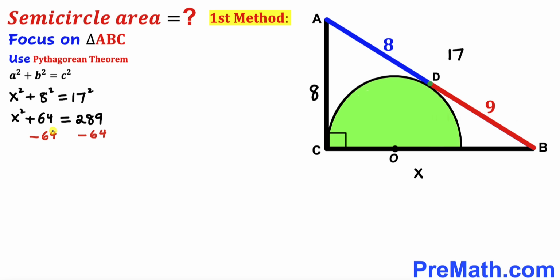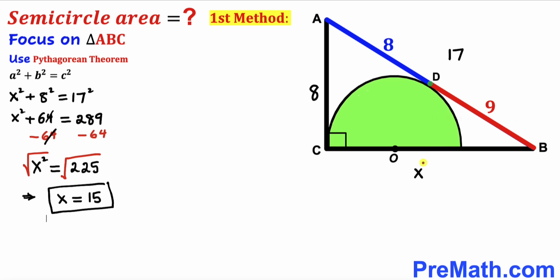Now we are going to subtract 64 from both sides, so x square turns out to be equal to 225. I'm going to undo this square by taking a square root on both sides. So our x value simply turns out to be positive 15 units. Thus this BC side length, which is represented by x, turns out to be 15 units.